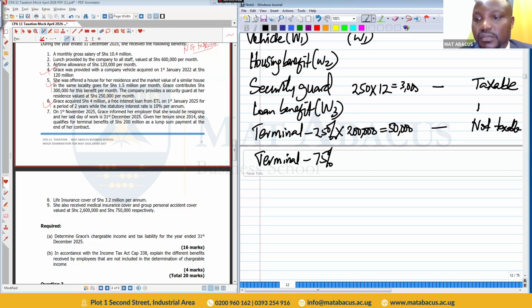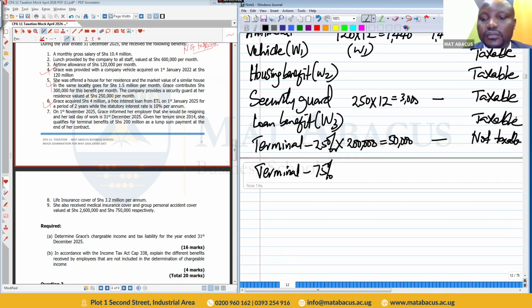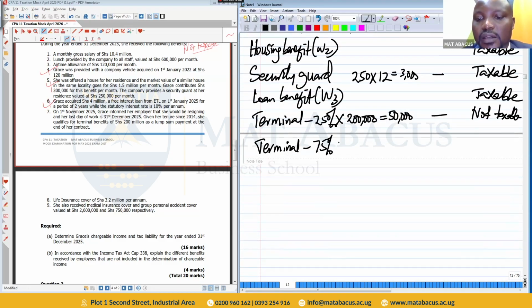Meanwhile, these ones are taxable. Where we left a space, these ones are taxable. The motor vehicle benefit and the housing benefit are also taxable. So we multiply by 200 million for the terminal benefits that are taxable.